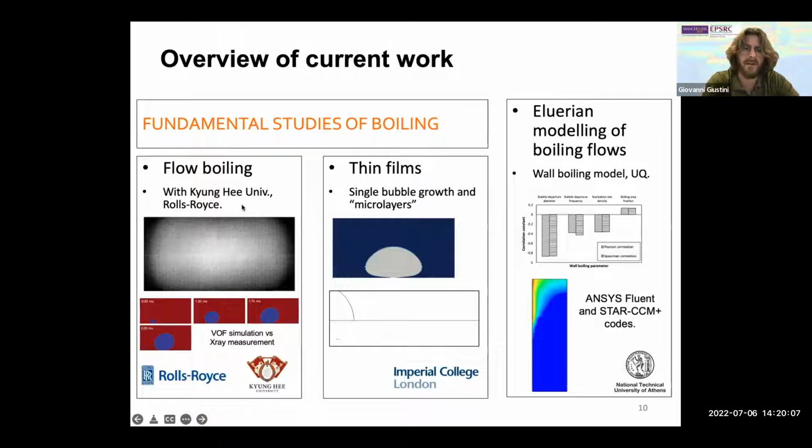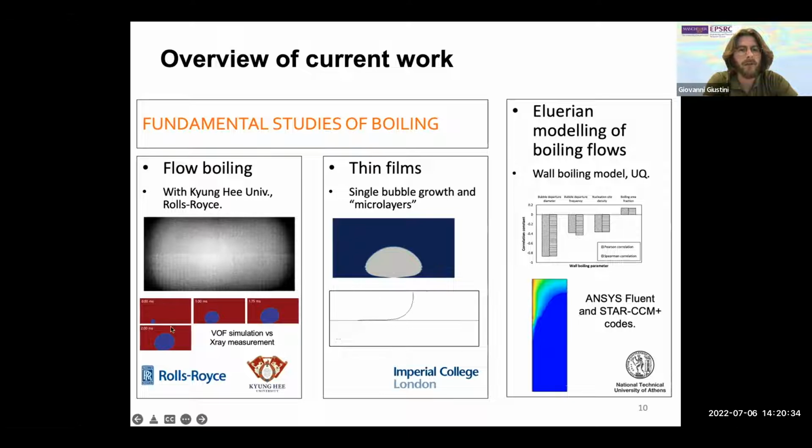Some other things of this kind are going on as part of my current research. These are a number of fundamental studies of boiling going on right now at Manchester, and also with co-workers at other institutions. Beginning from the left, there are some fundamental studies of flow boiling in small sized channels.